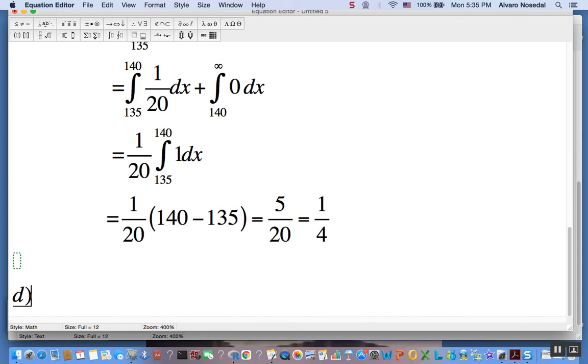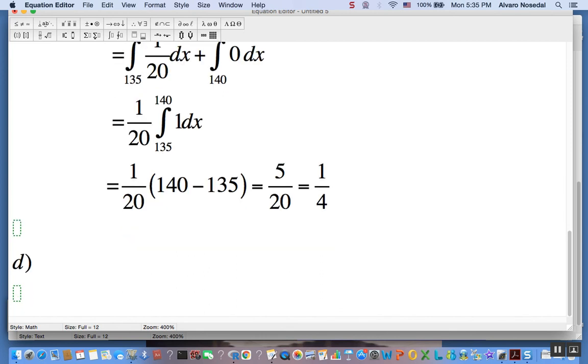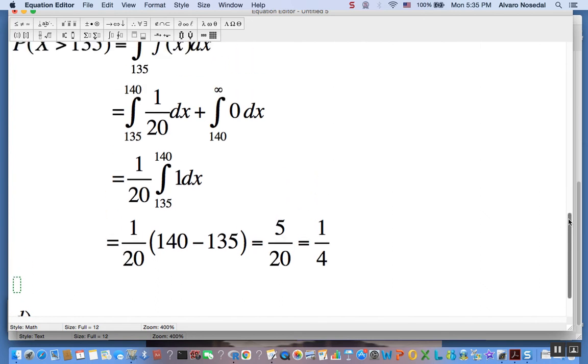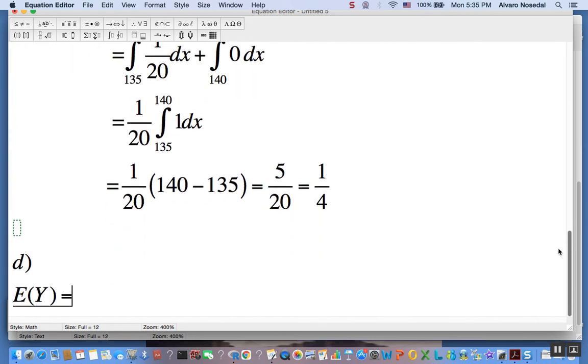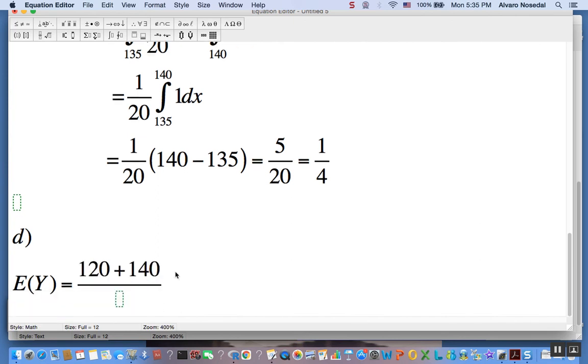Part D, the expected value of y is theta1 plus theta2 divided by 2, so it would be 120 plus 140 divided by 2.